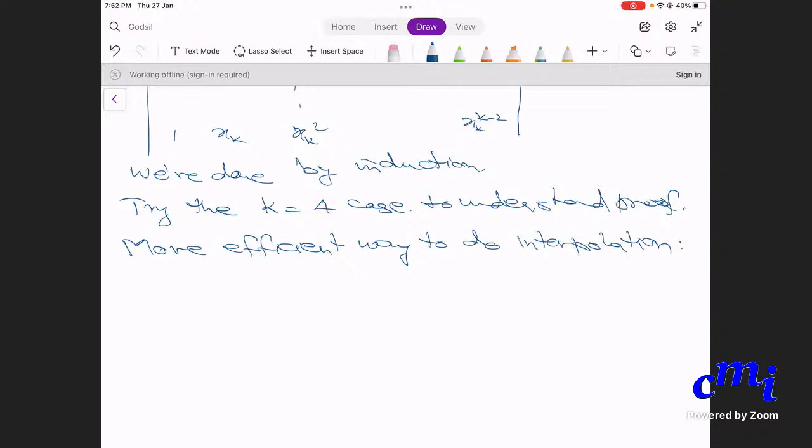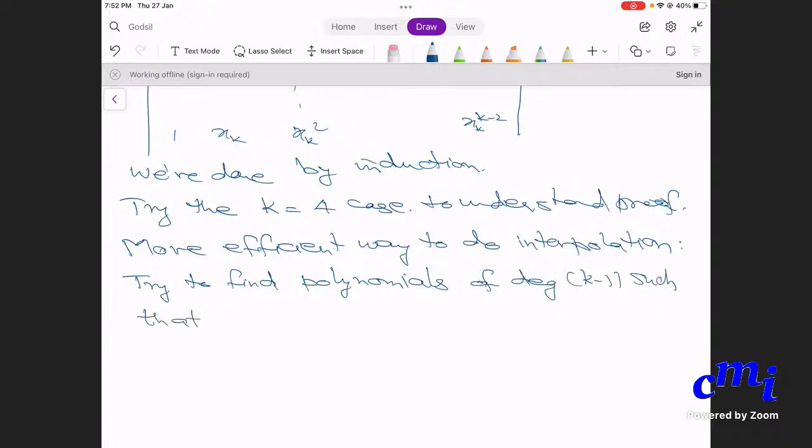So the more efficient way to do interpolation is to try to find polynomials of degree k minus 1, and let's give these polynomials names: P1, P2 up to Pk.